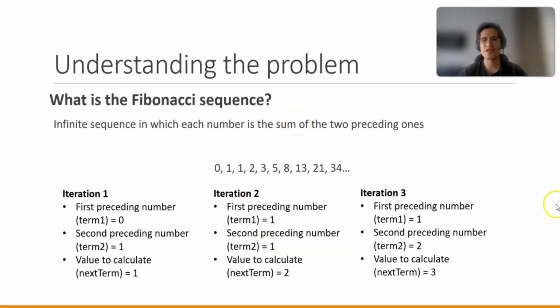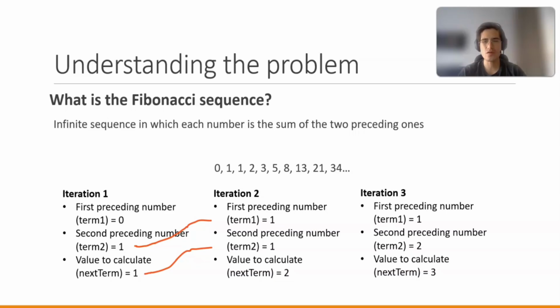In my next iteration, same thing. Now I want to calculate this number 3. So my term 1 now is the number 1, which is this one here, and my term 2 is the number 2, which is the 2 here. So let's see something here. On each iteration, we can identify the pattern. If we see iteration number 2, my term 1 equals my term 2 on iteration 1, and my term 2 equals the next term on my iteration 1, or the value that I was calculating on my iteration 1.